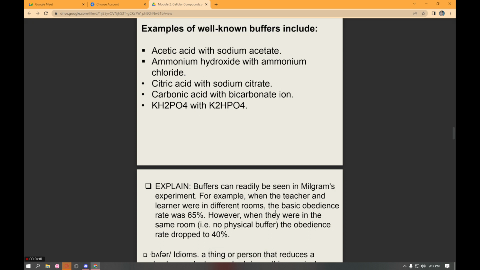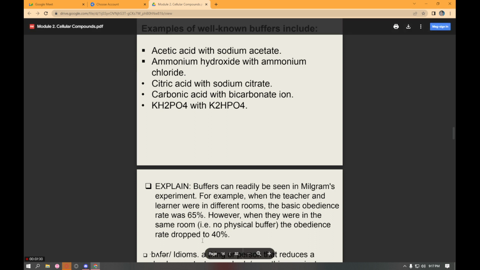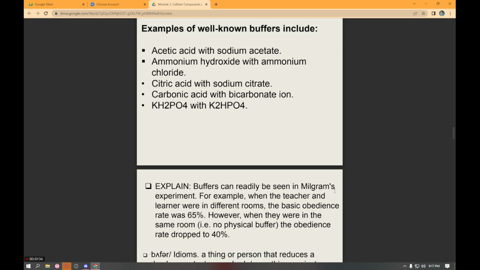Kasi ang nangyayari kasi noon ay sa experiment nila, the participants ay hinati, and then the teachers here ay nasa kabilang room, and then the students ay nasa kabilang room. Pag may maling magawa yung students, ay pinaparusahan sila ng teacher. Okay, so you have to read that also. That's your assignment. That is under the psychology. So this will be included in our discussion next week.